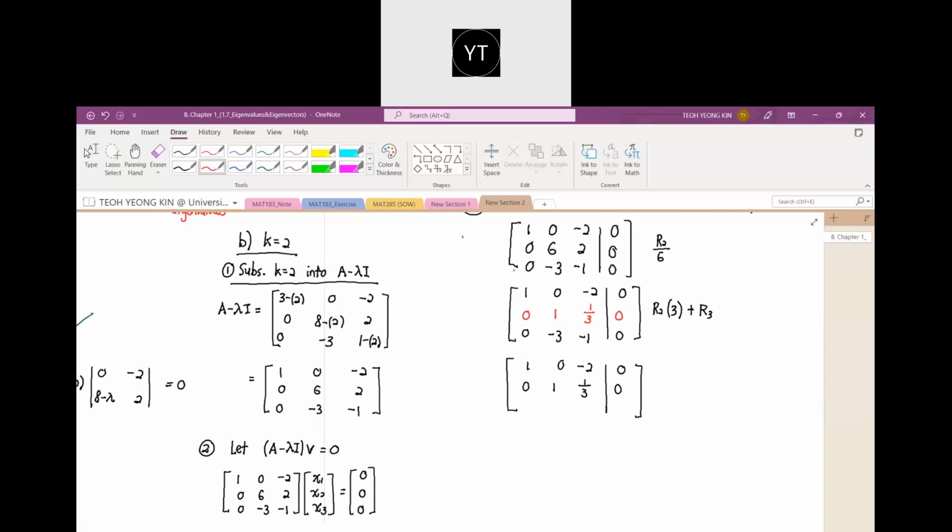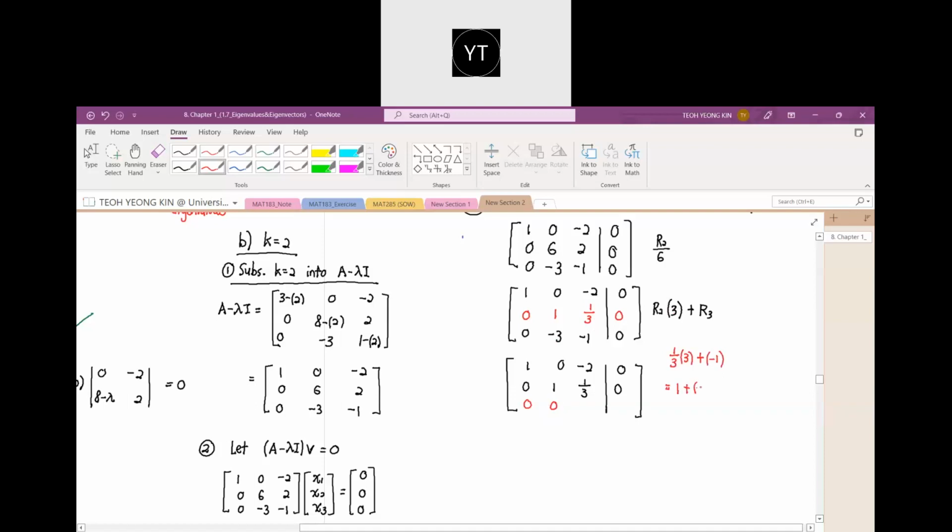Now here is the third row. Here must be 0. 0 times 3 plus 0, 0. 1 times 3 is 3. Plus negative 3, here is 0. So we do want it to be zero. Let me show you this one. 1 over 3 times 3 plus negative 1. 1 over 3 times 3 is 1.